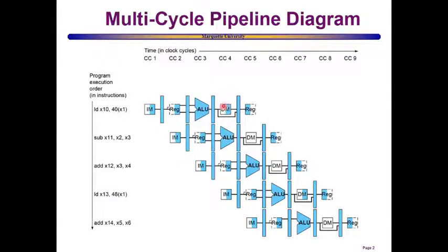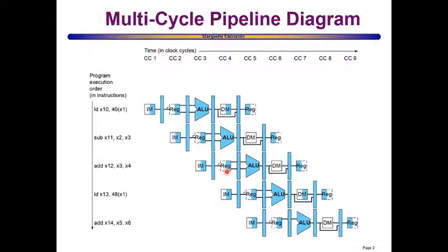For example, during clock cycle number 4, the first instruction, the load instruction, undergoes the data read, data write memory stage. The second instruction, subtract, would undergo the ALU or execute stage of the pipeline, and so on.